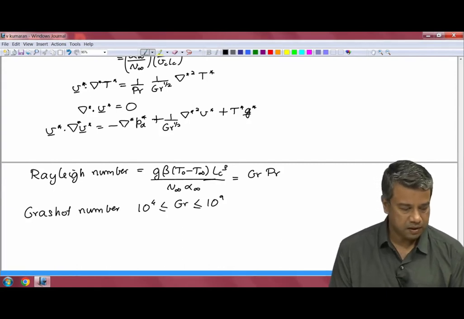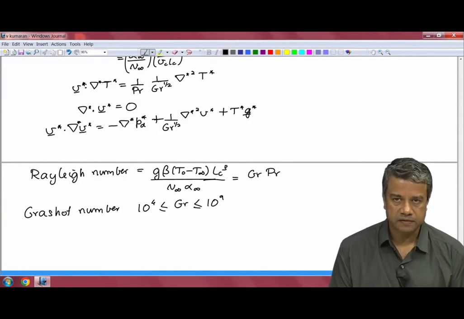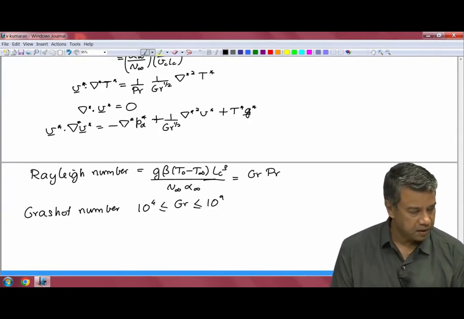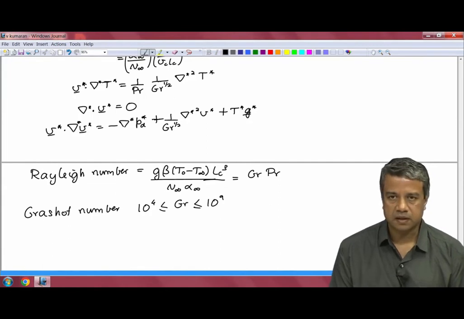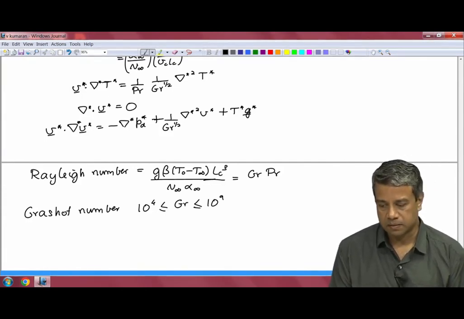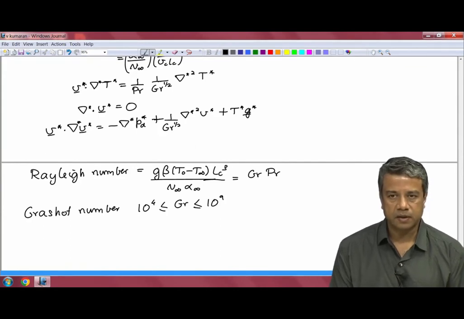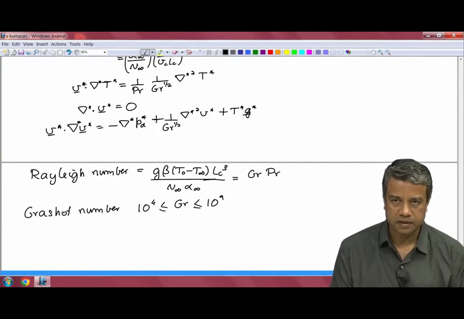When the Reynolds number is large, inertial effects are dominant compared to viscous effects. If you recall from boundary layer theory, when the Reynolds number is large, inertial effects are dominant compared to viscous effects. Similarly, when the Peclet number is large, or the Prandtl number times the Grashof number is large, convective effects are dominant compared to diffusive effects.